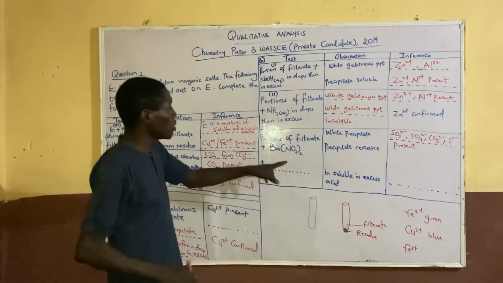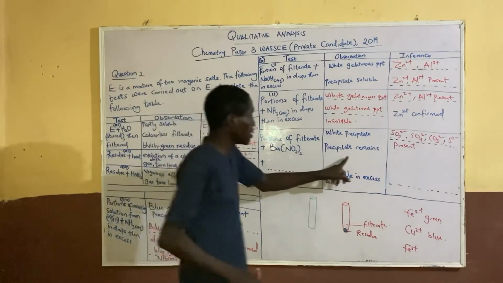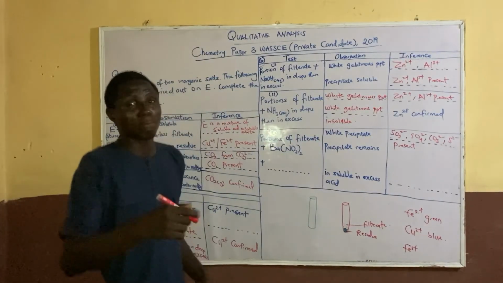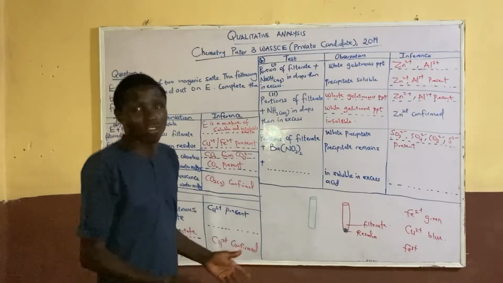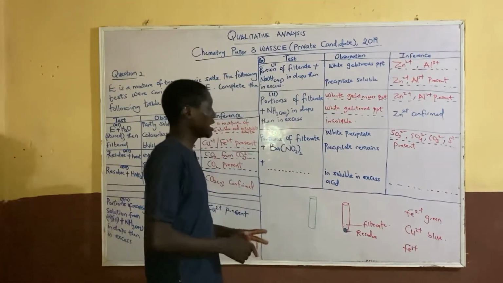Now, when you add dilute acid and the precipitate remains, the precipitate persists. It does not dissolve. So what is likely to be found?